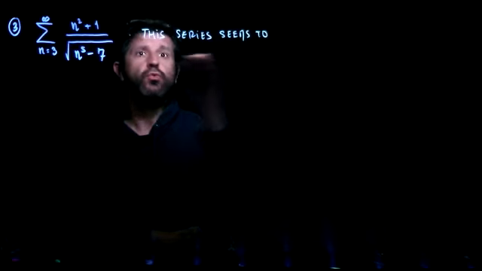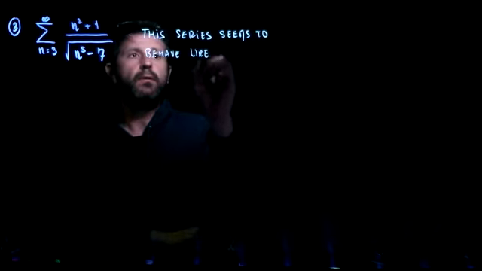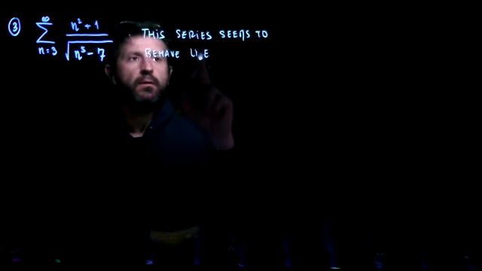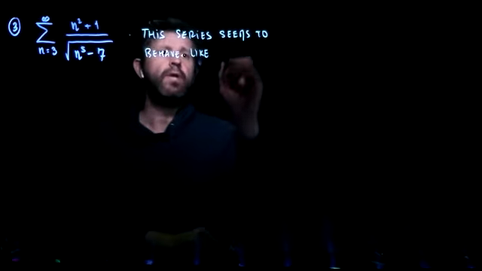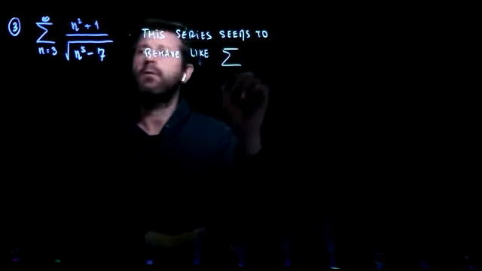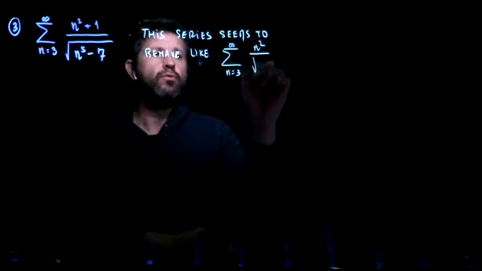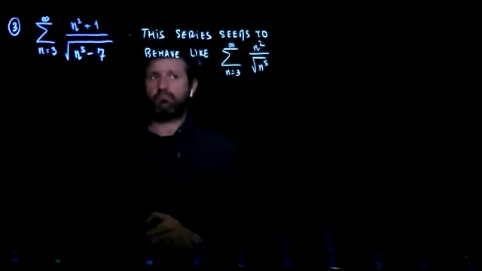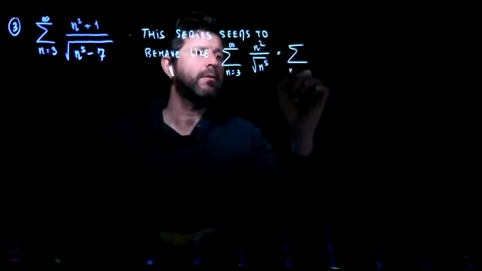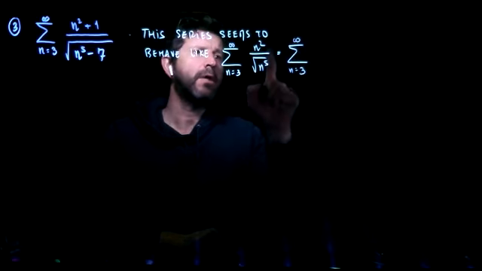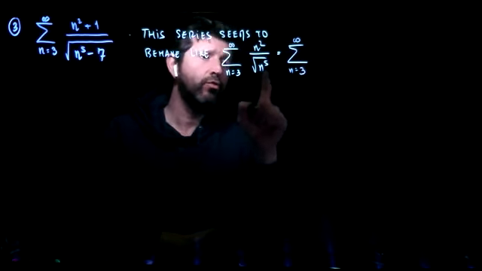So this series seems to behave like what? Well, if you take out the 1, if you take out the minus 7, you get n2 over the square root of n5. Which, if you simplify this, becomes n2 over n to the 5 over 2, which is 2.5.